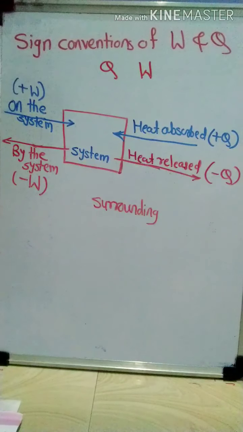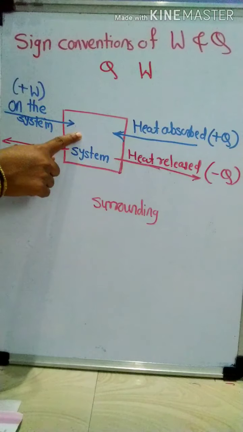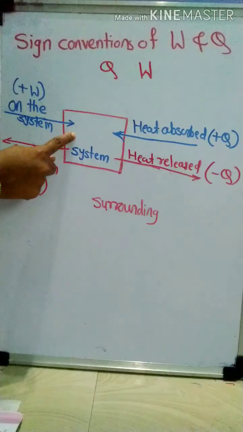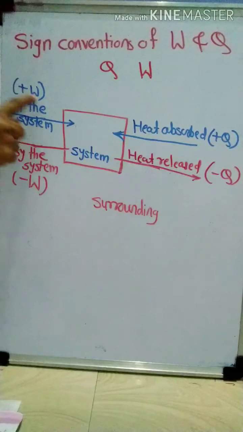Similarly, in work done, if work is done on the system by the surrounding, then W is positive. Work is done on the system by the surrounding, then W is positive.